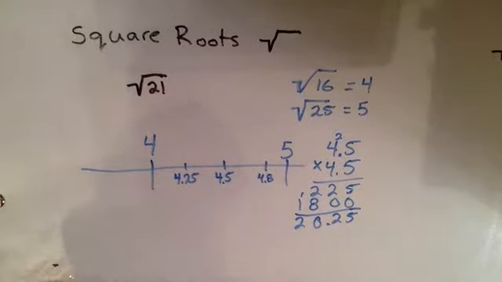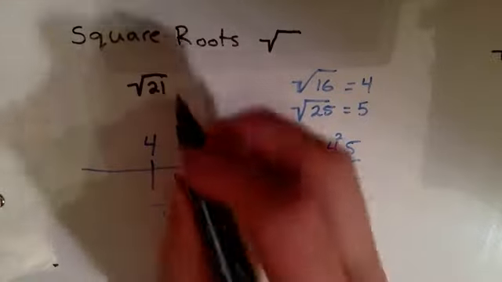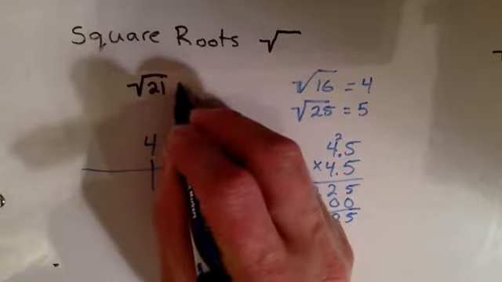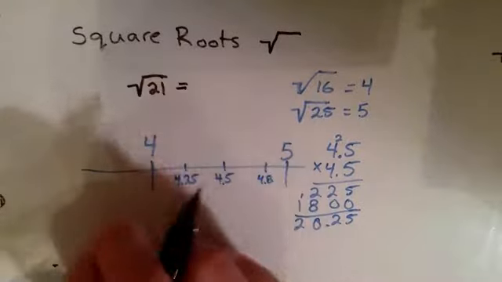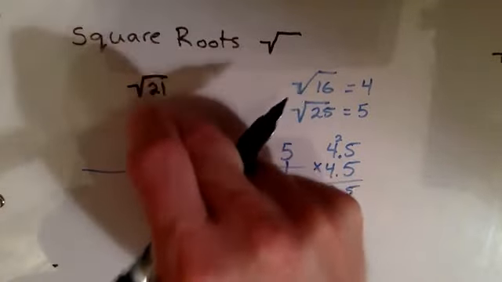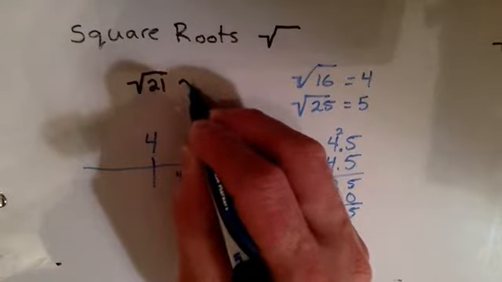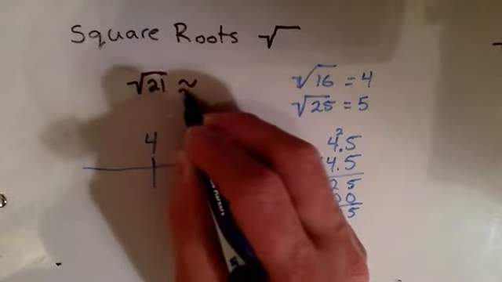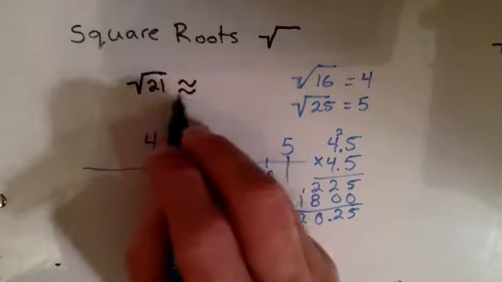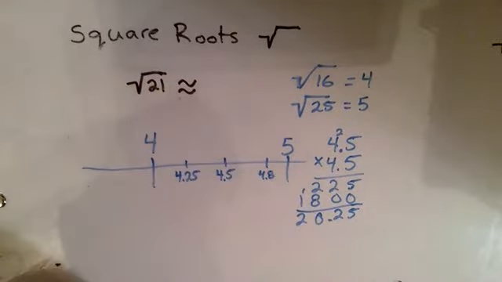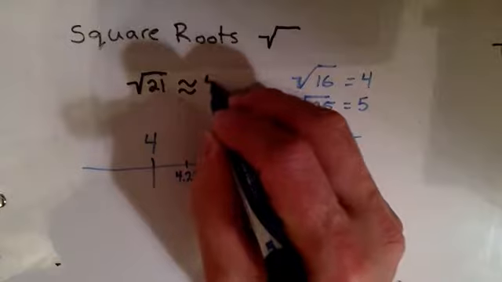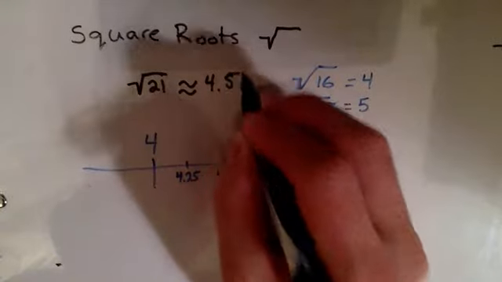If we do have a number that is close to, but not exactly a number, there's a symbol that we use. Normally we would say equal to, but in our case, we're going to use a slightly different symbol. It looks sort of the same, except it's a wavy line rather than a straight line. Basically it means approximately equal to 4.5.